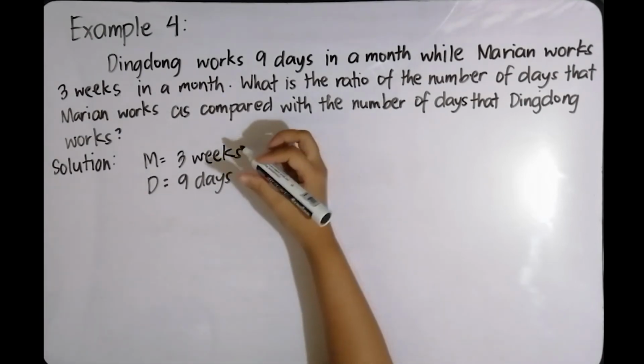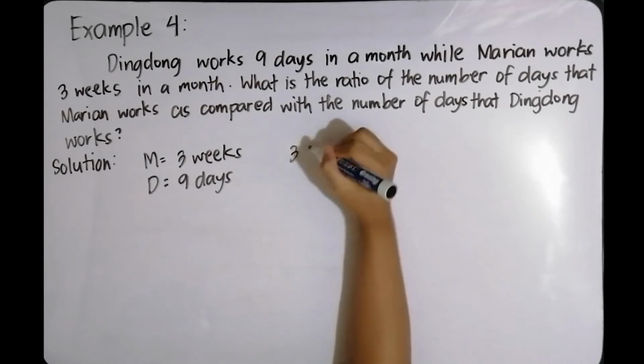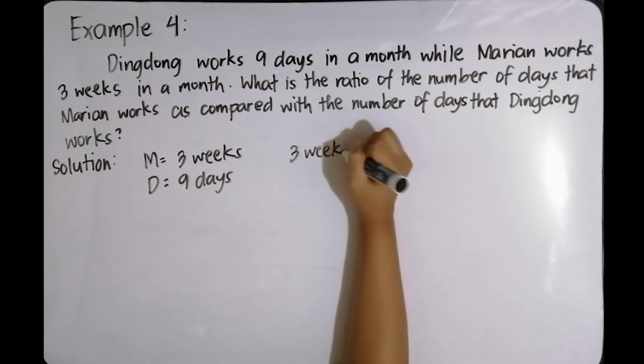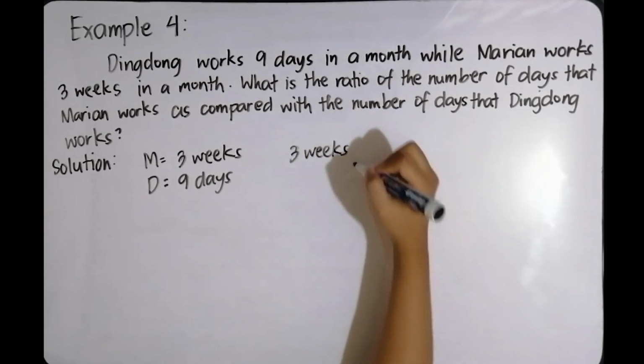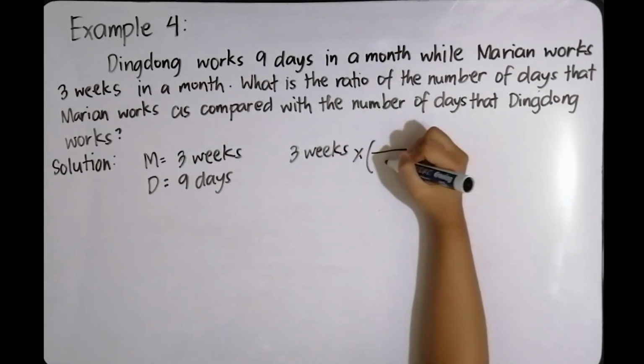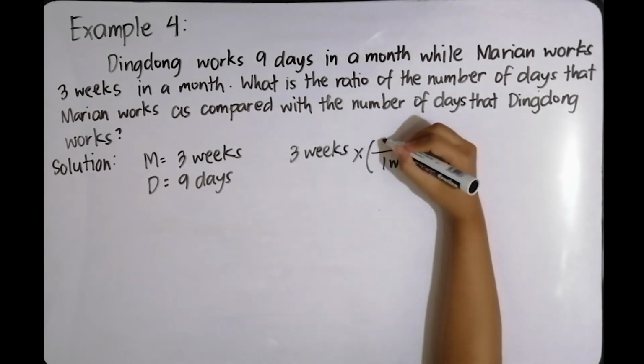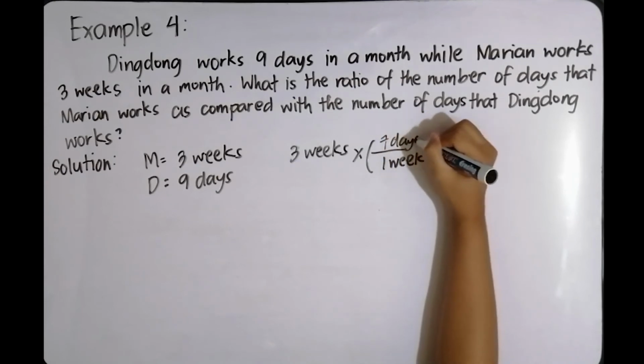So for 3 weeks, we need to convert it by multiplying by every week. We're converting it to days. In 1 week, we have 7 days.